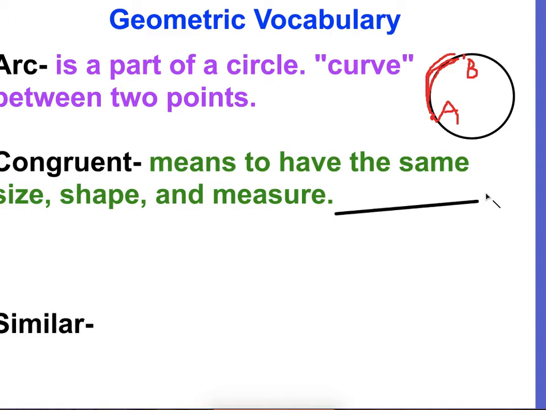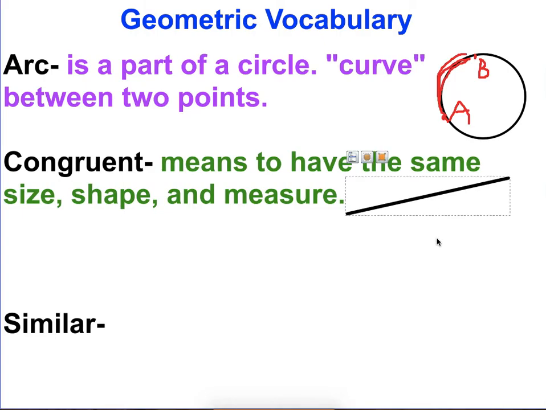If you have two line segments, and to make sure that these are the same, I'm going to copy this and move it. We may not be able to just see that they're the same. Sometimes we'll have to measure them. So I'm going to call this one AC, and this one I'm going to call XY.